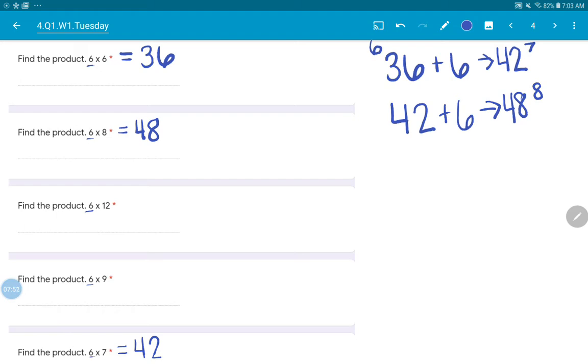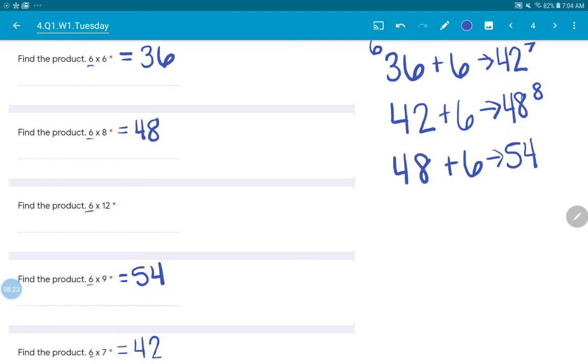So if 8 sixes gets me 48, I can add 6 again to get 6 times 9. So 48 plus 6 is going to get me to 54. 6 times 9 equals 54.